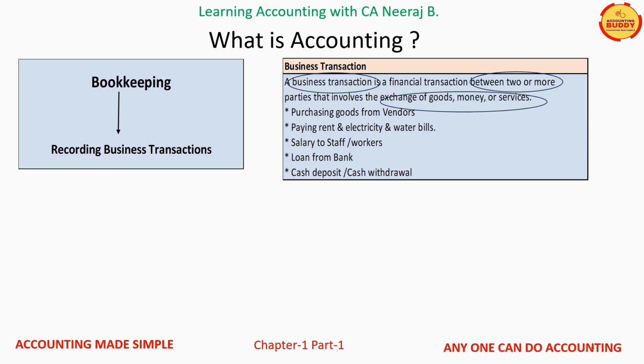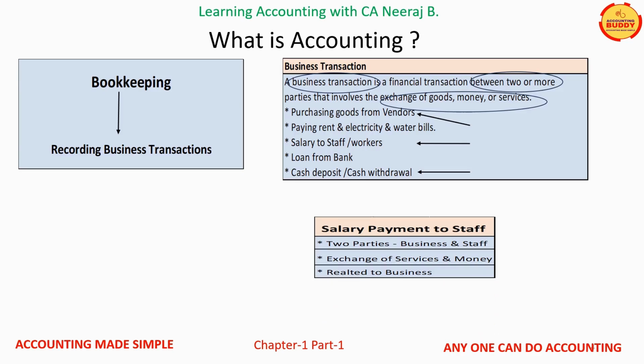Purchase of goods from the supplier by the business is an example of business transaction. Other examples could be payment of salary to the staff, cash deposited in the bank. Now let us further understand in case of salary payments, there are two parties which are involved, business and the employees.